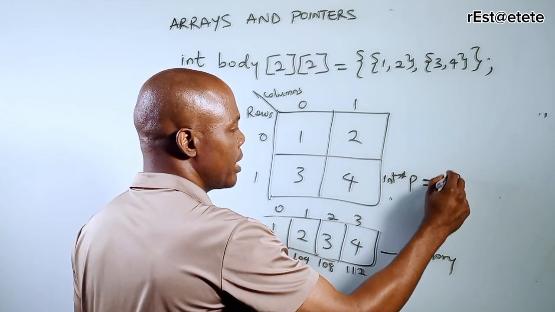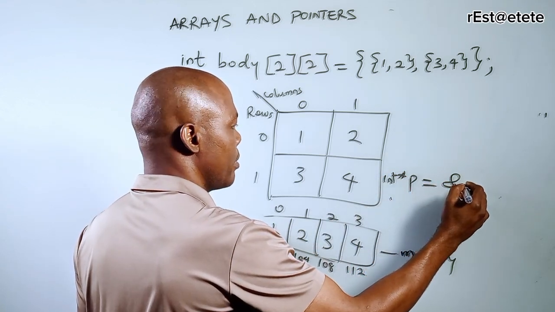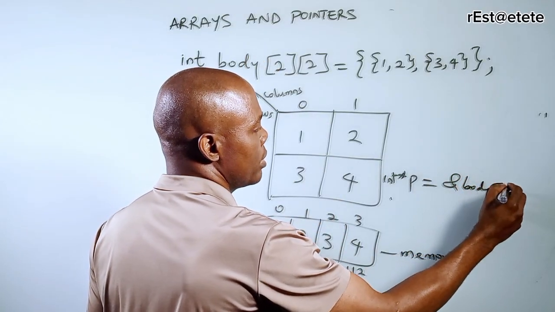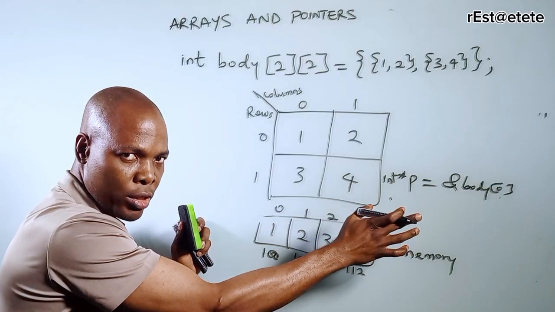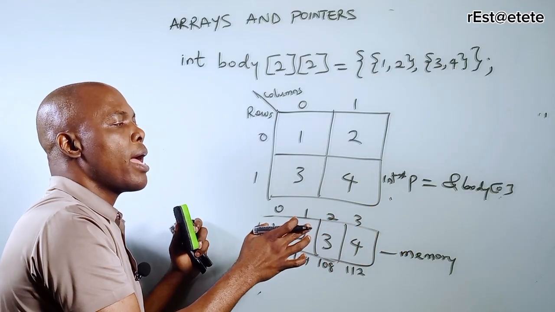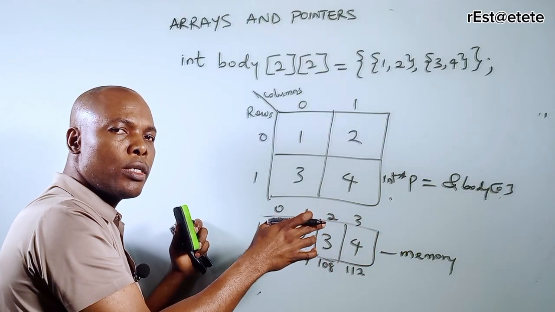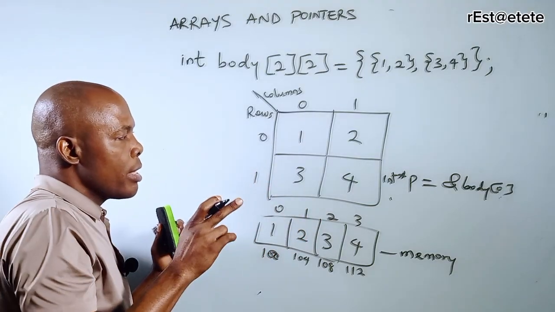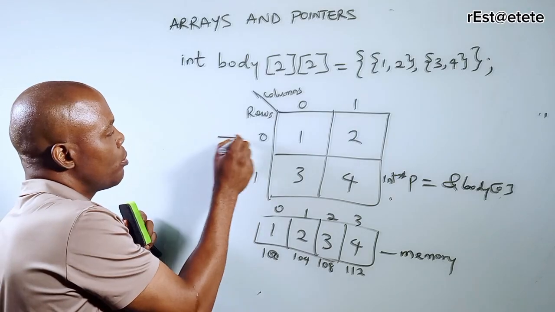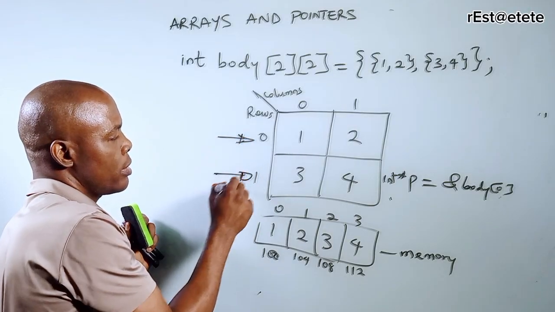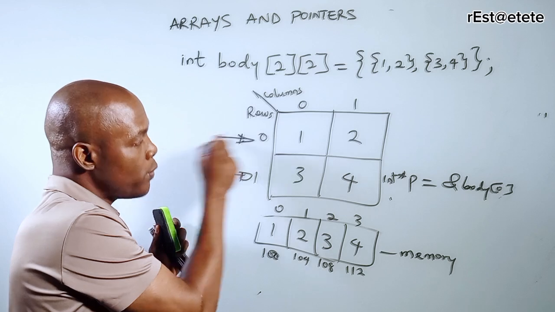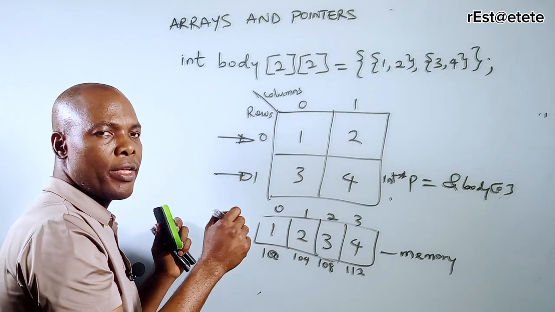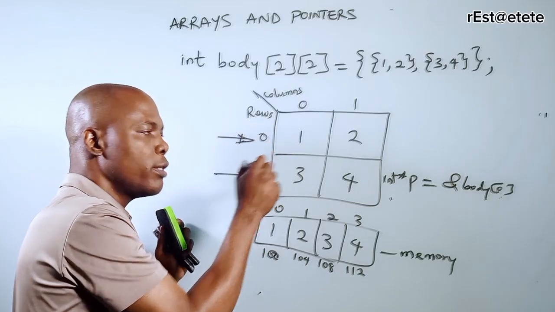This will point to the address of, if this is body, so this will point to the address of body, which is 0, right? This is for a one-dimensional array. Now, how do I declare a pointer to point to a two-dimensional array? If a pointer is going to point, it is going to point to the row. So it means the pointer is going to point to the first row, not the first element of the array. It's going to point to the first row, not the first element.